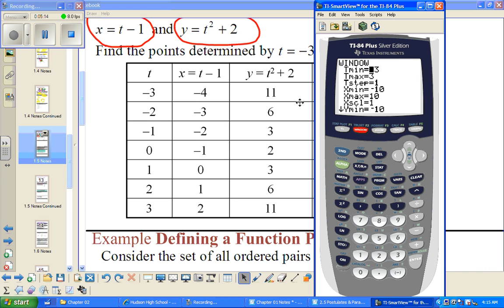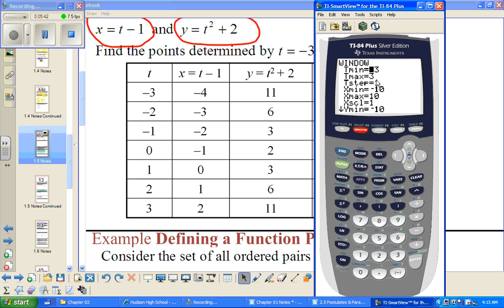So if you were to graph what we did in this chart, and then connect the lines and continue those lines out accordingly, that's the graph that this grapher will show. If you change this T-step to a smaller increment, it's going to graph more points and become more accurate. It's kind of a game of give and take.